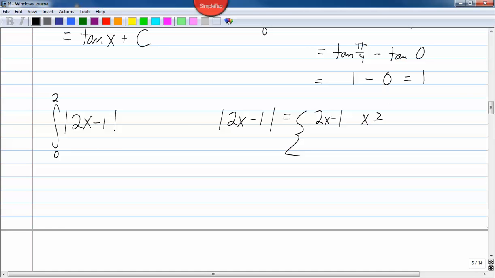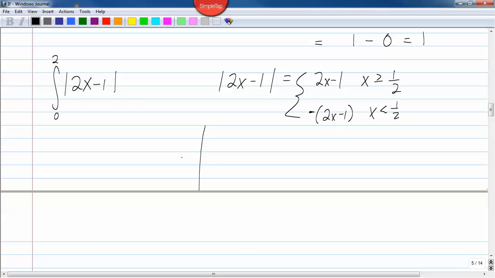It's going to be equal to the original function as long as x is greater than or equal to 1/2. It's going to be equal to the negative of the original function as long as x is less than 1/2. Why 1/2, you may ask?